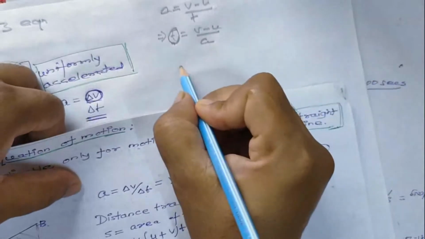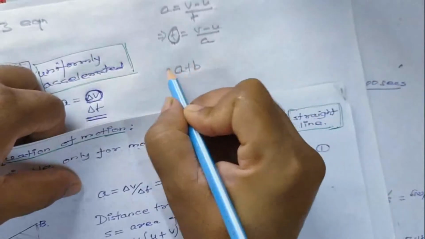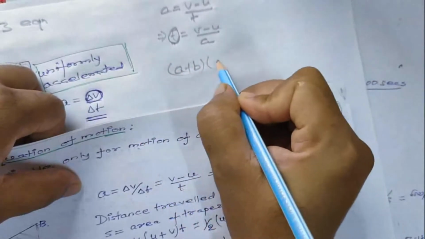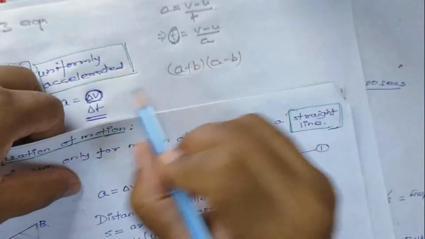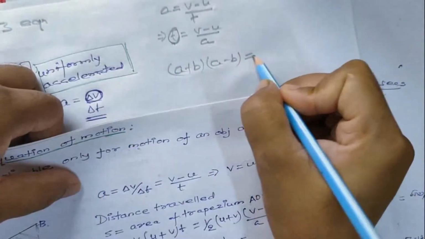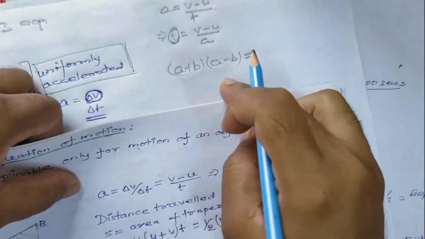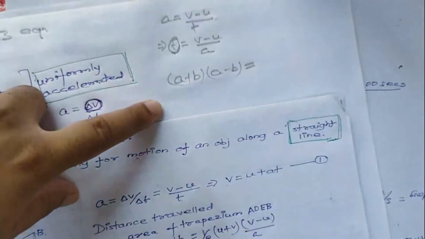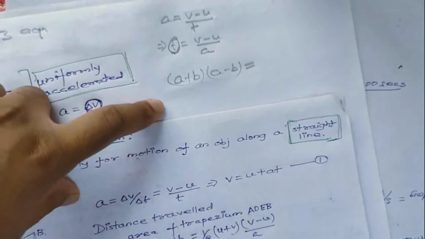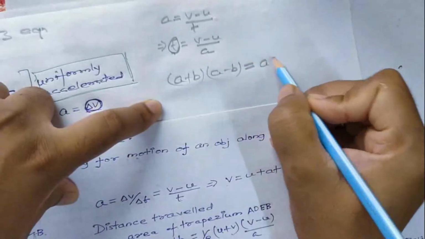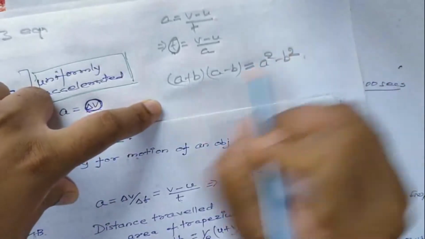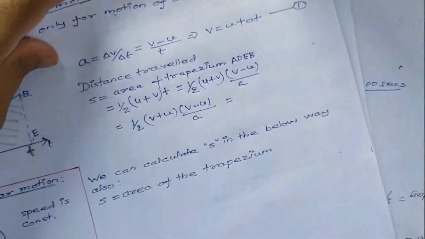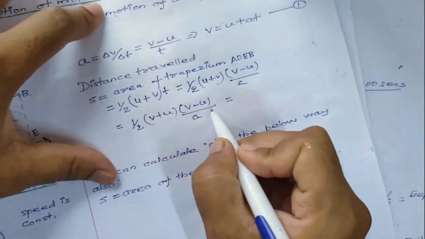So do you know this particular thing, a plus b into a minus b? This is a mathematical thing you must have studied in the algebra section of your maths. This will come out to be a square minus b square. We know that. Fine. The same thing we will apply here. So this is v plus u into v minus u.